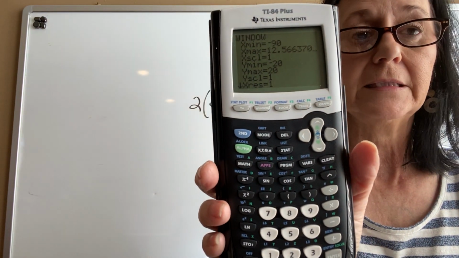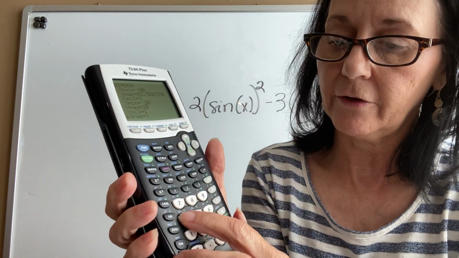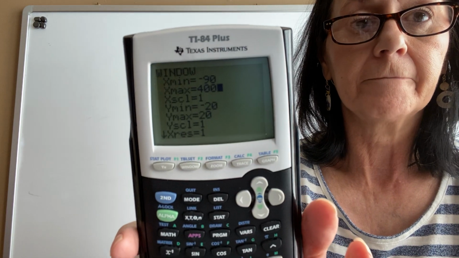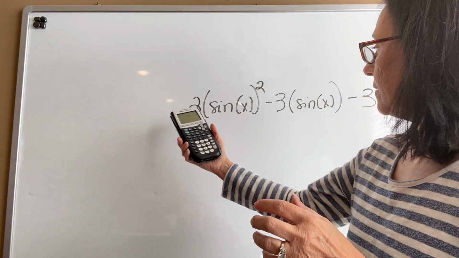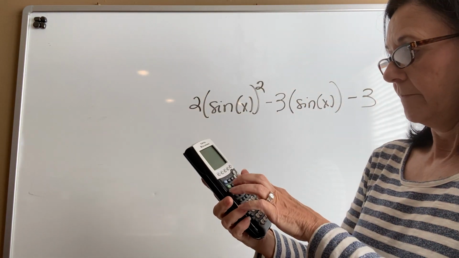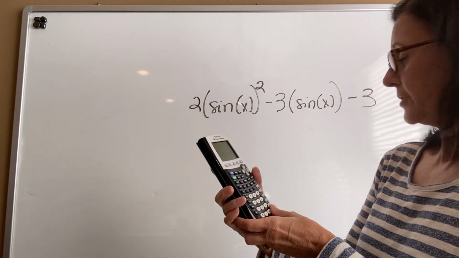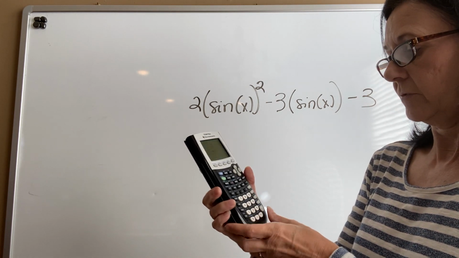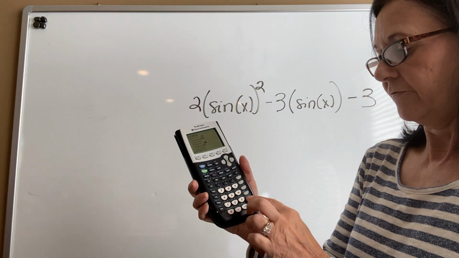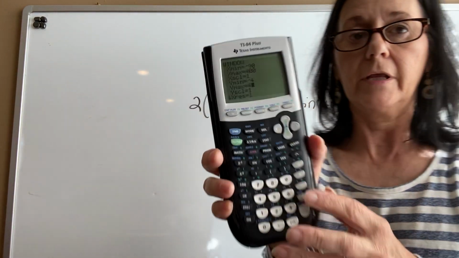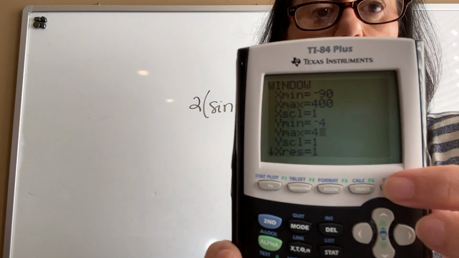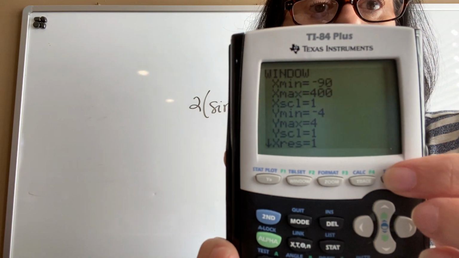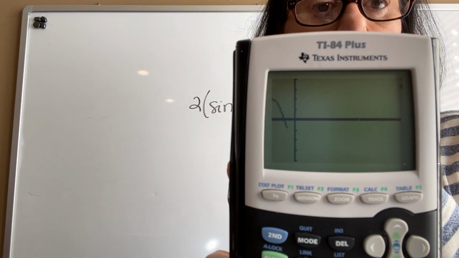And instead of just stopping at 360, I'm probably going to go to 400. The amplitude is at most 3. So maybe I'll go -4 to +4 so that I can hone in on where it's going to cross the x-axis. And then I'll hit enter.